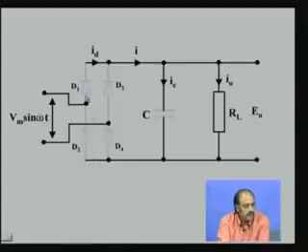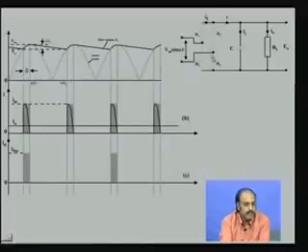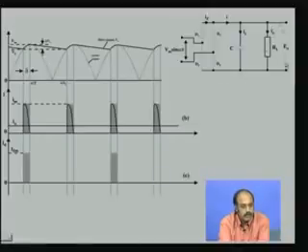Now, how do the various waveforms here look? Just to get an idea for this capacitor filter circuit, there is the output here. Output is nothing but what you see here in dark.